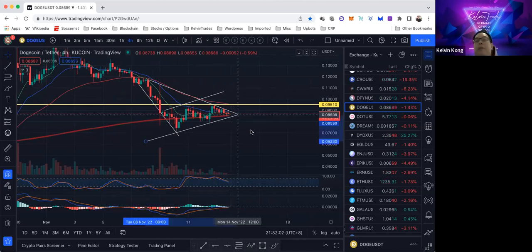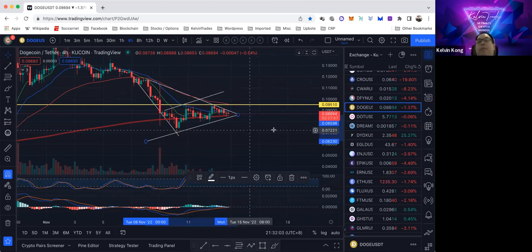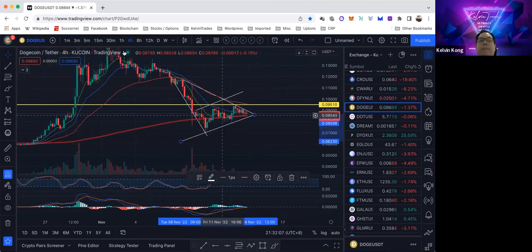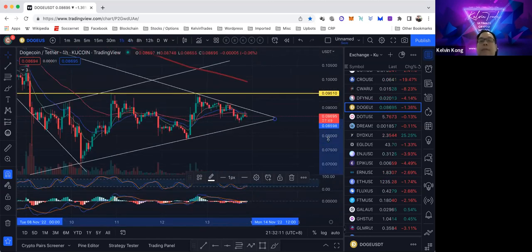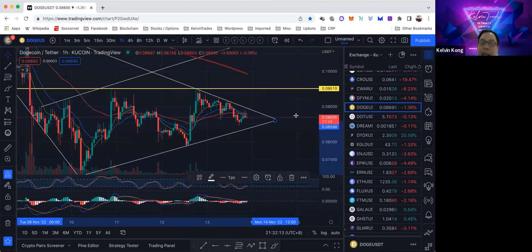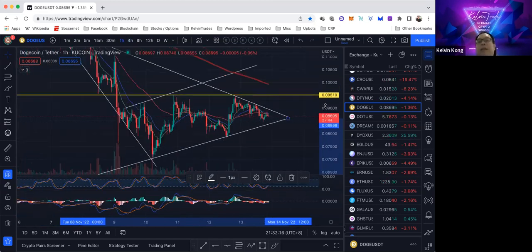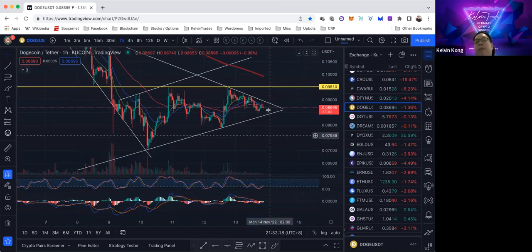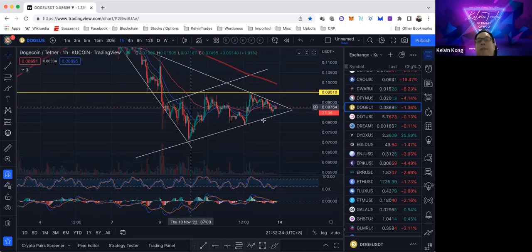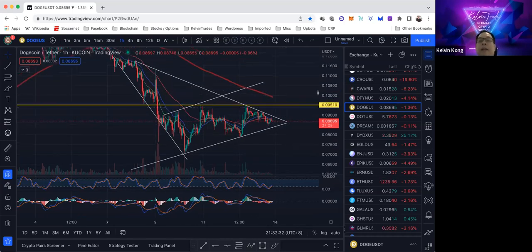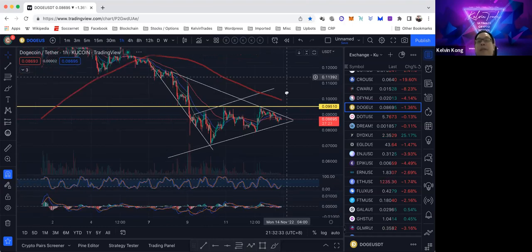So sooner or later, it's going to break out, which means that there is a chance to trade. And this flag tells me that it has a higher chance of breaking down than up. That's how you analyze charts. It's so simple.